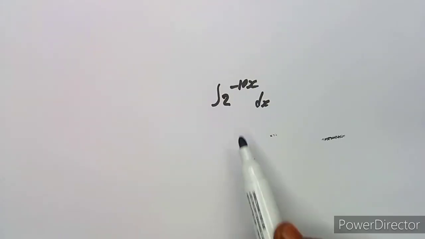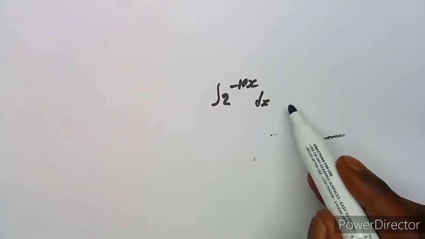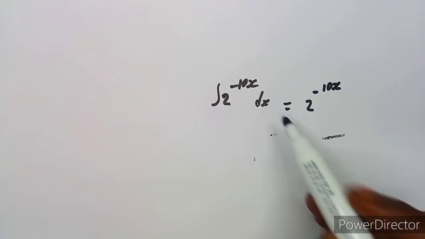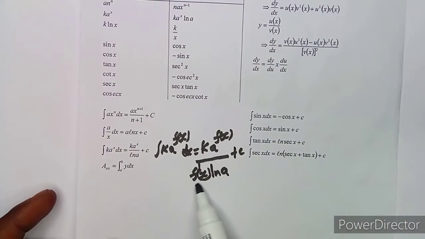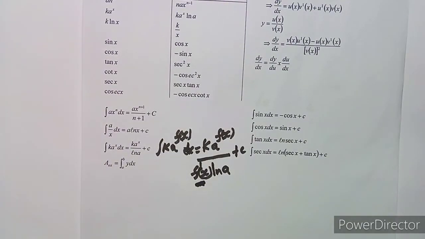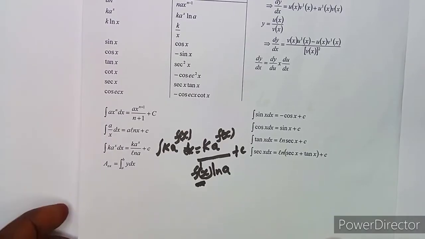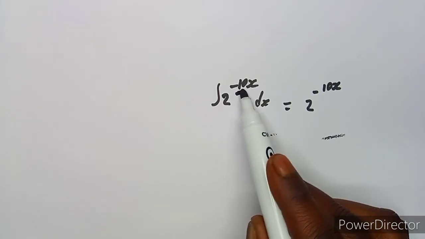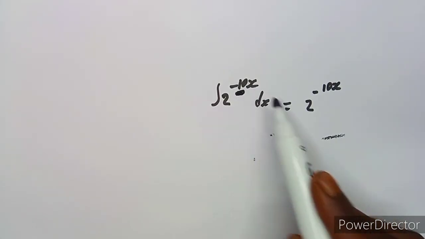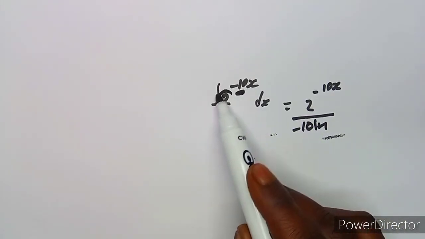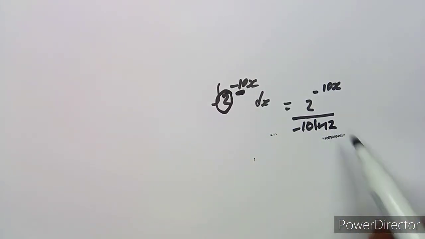So that means this part is going to remain as it is, which is 2 to the exponent of negative 10x. Now here, as you can see, this is the first derivative of f of x, which is minus 10x, so you're going to obtain minus 10 ln a, which in this case, a is 2, so it's going to be ln 2.